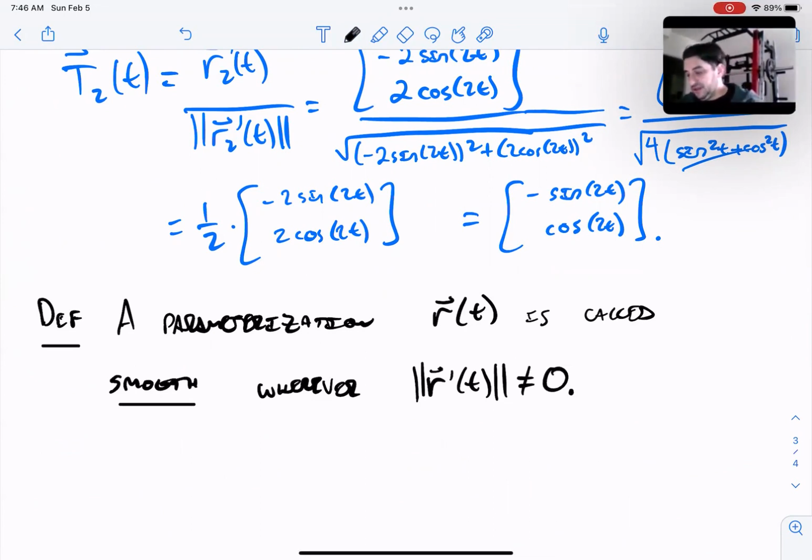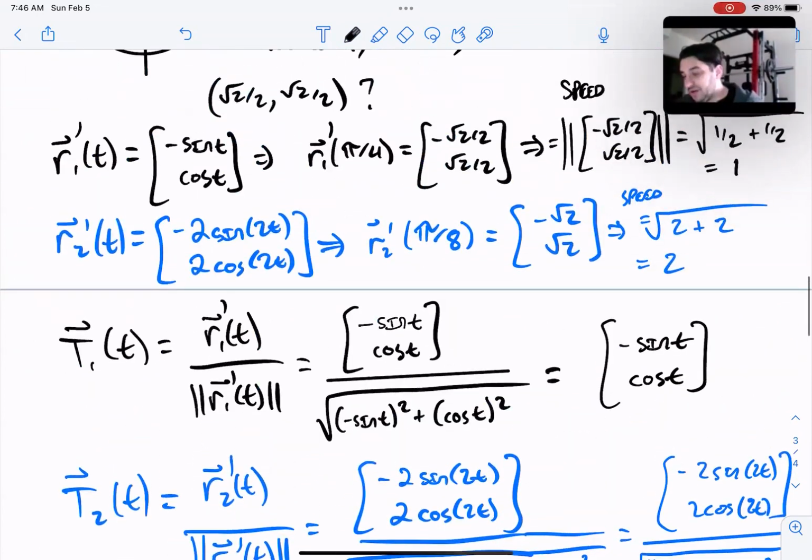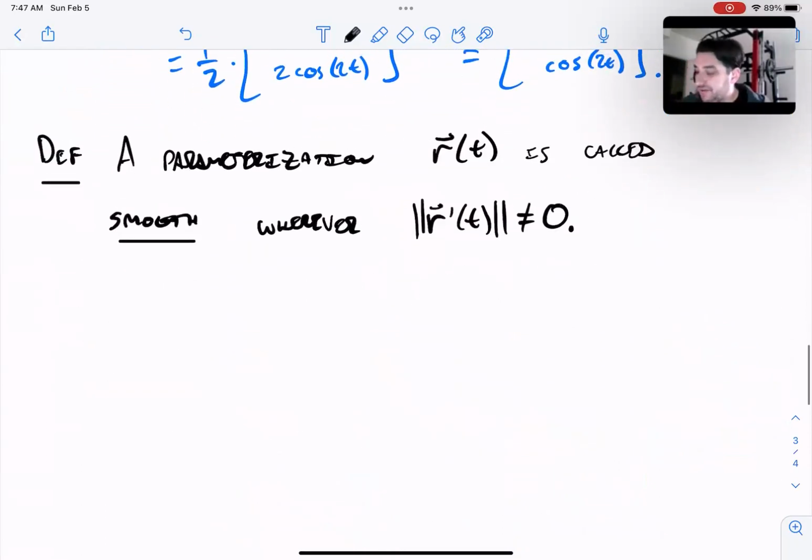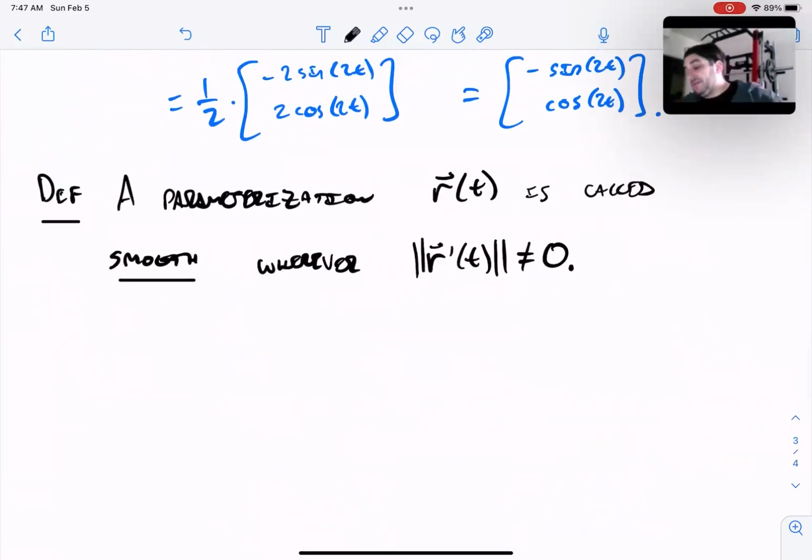So like if you notice these 2 parameterizations that we looked at, these were smooth everywhere because they're always speed 1 or always speed 2, right? So they always had non-zero speed, right? But you can have parameterizations where the speed does actually go to zero at some point.